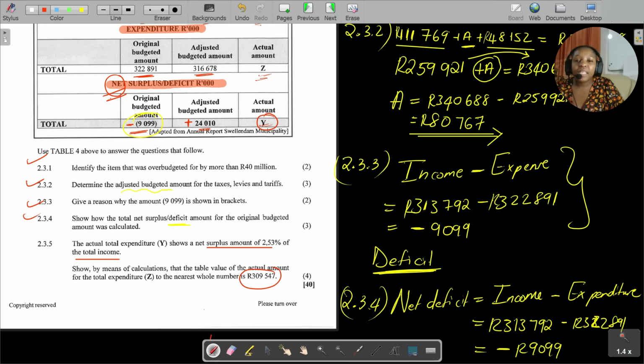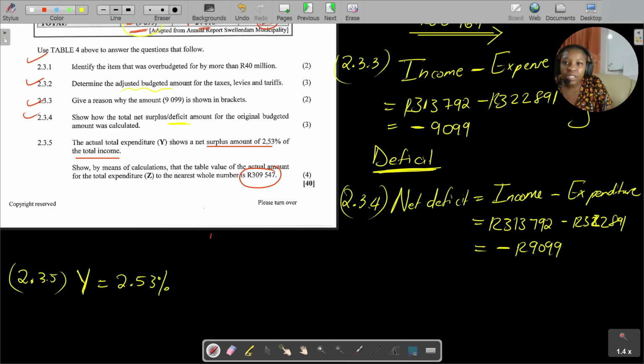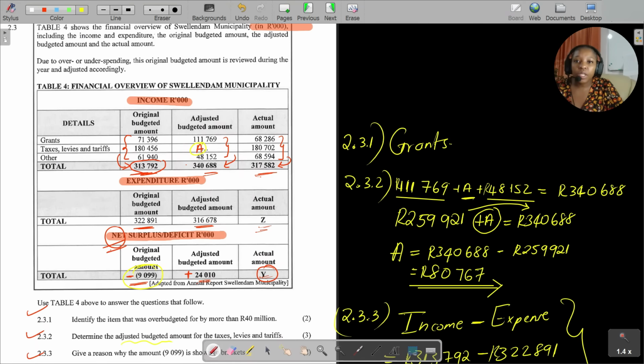Okay, and we're basically told that Y is equal to 2.53% of the total income. Again, the question is telling us exactly what we need to do. So in question 2.3.5, to get Y equal to 2.53% of total income, all that we need to do is determine the total income.